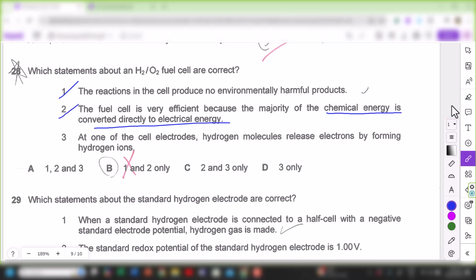Okay. Then 3, at one of the cell electrodes, hydrogen molecules release electrons by forming hydrogen ions. The one you have in your lecture notes happens in an alkaline medium, so it doesn't produce H plus. Instead it produces OH minus.